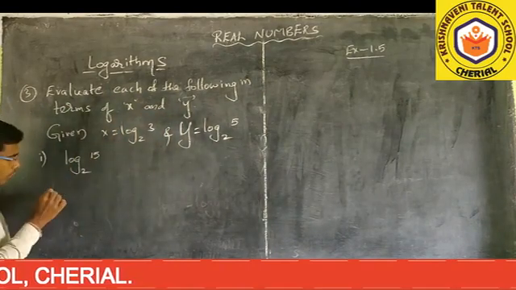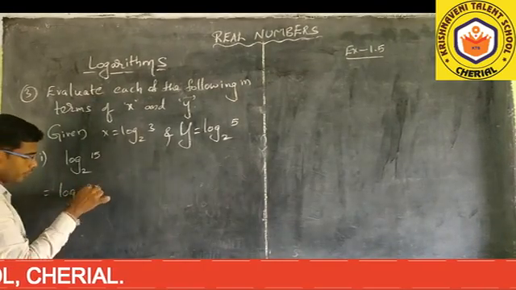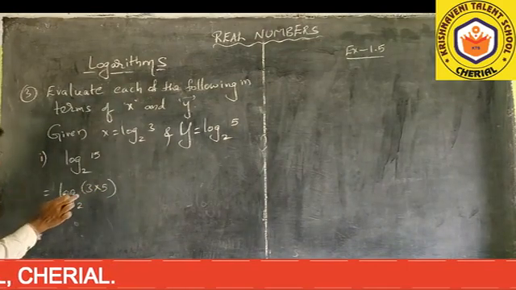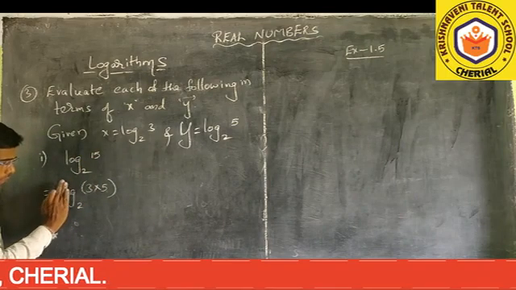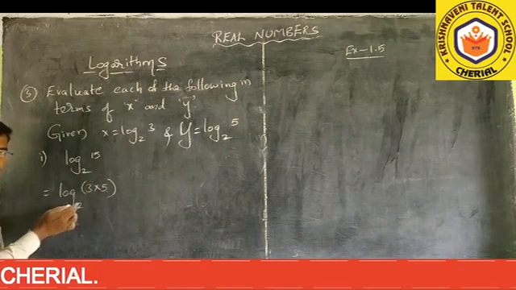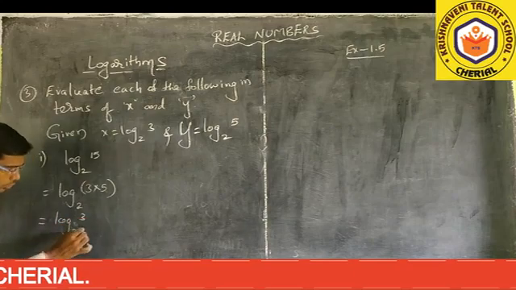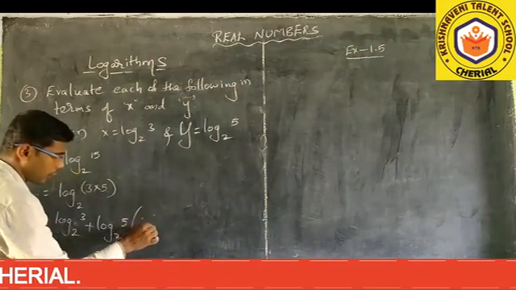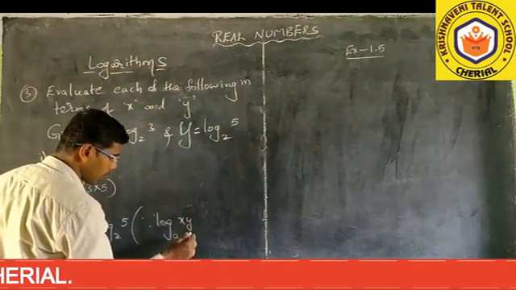But you know that 15, how can you write it now? 15 you can write as 3 into 5. So log of 3 into 5 to the base 2. Whenever you write 15 as 3 into 5, if you observe properly, log xy to the base a, how can you write it?